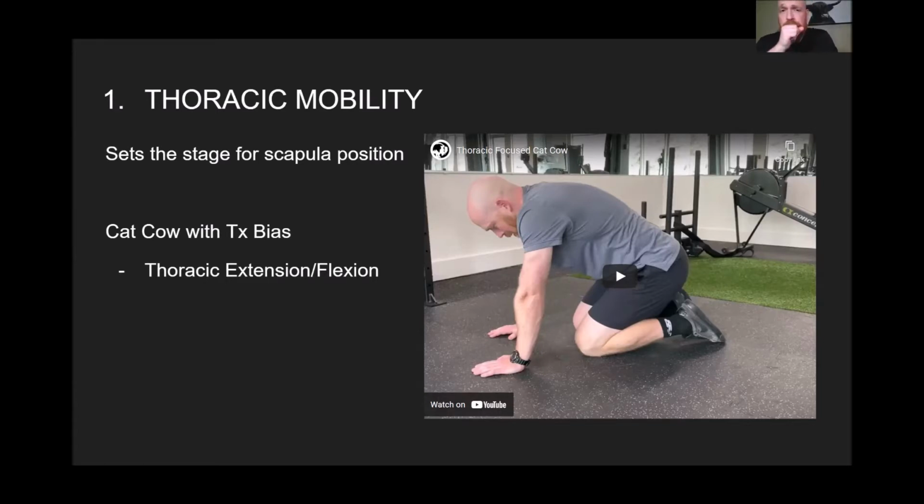So thoracic mobility, we've got those 2 movements, the flexion extension and that rotation. That cat-cow position that we did before was really good for assessing whether we have a bias in one area or the other. But then when we're training thoracic mobility, if we've got a bias in the area, we're likely going to keep doing the movement of that area.